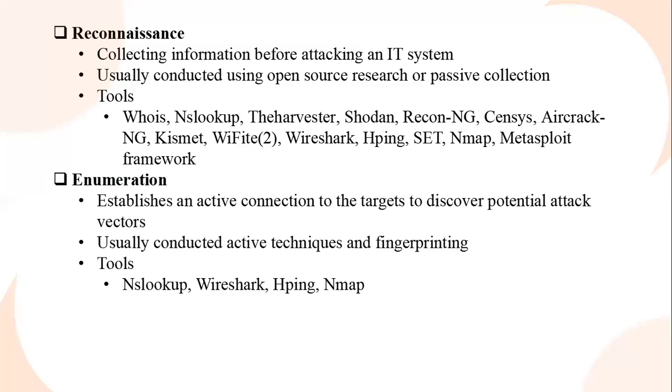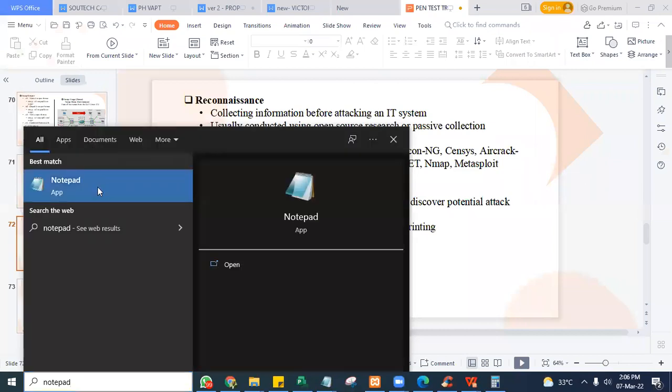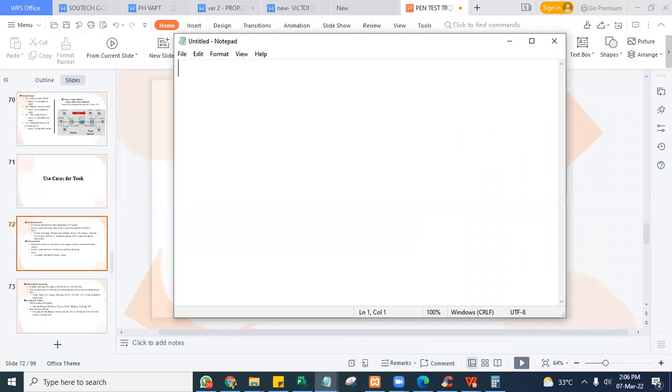Okay, let me use Notepad. I hope you can still see my screen. So you say, please do not take sweet potatoes alone, right? Normally we read the OSI model from bottom to top.